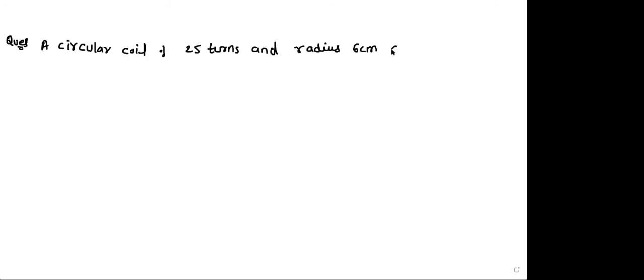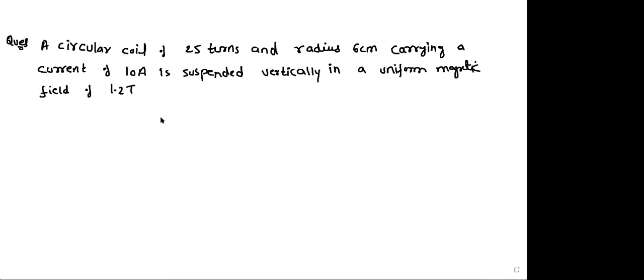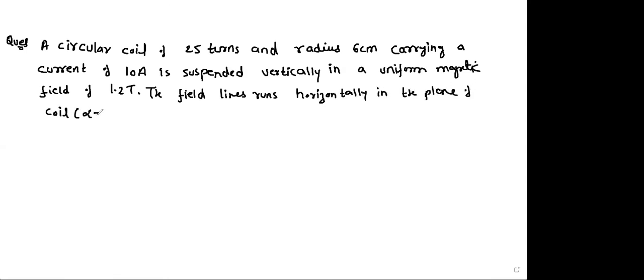First question on torque. Alpha is 90 degree now. Field lines are in the plane of coil. That means magnetic moment is perpendicular. Your theta is 90 degree. Calculate first part, net force on the coil. Second, torque on the coil.